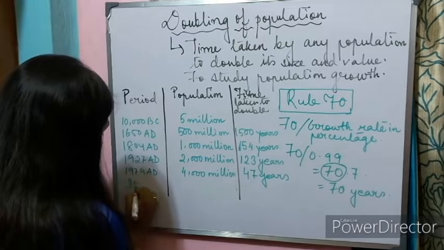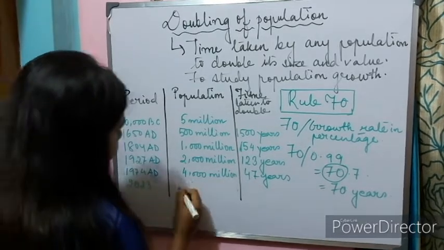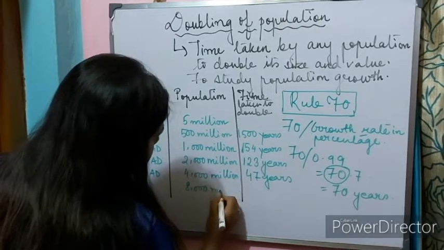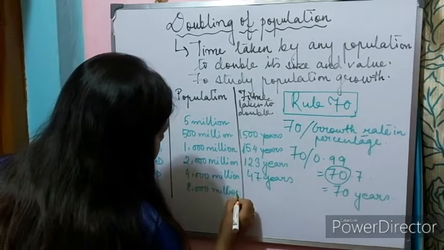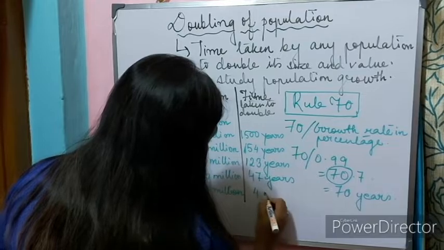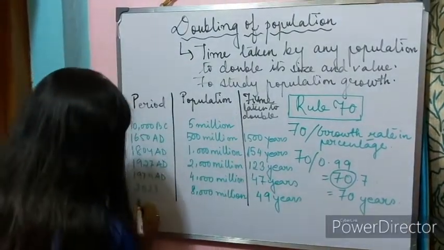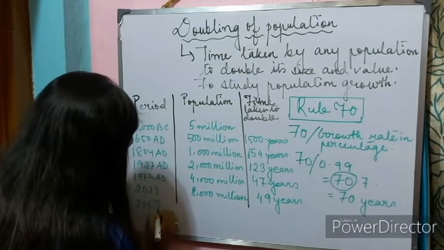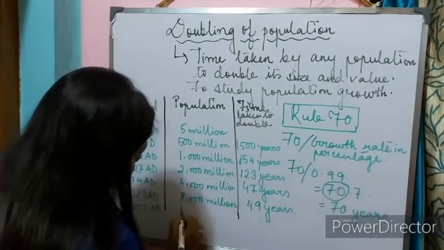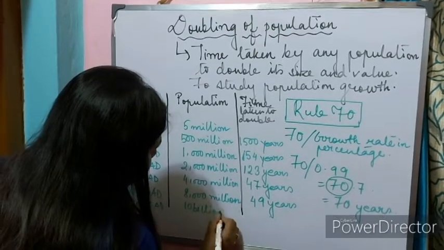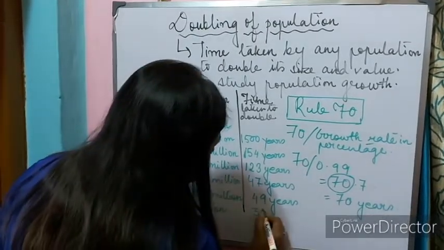In 2023, the population will double and become 8 billion in just 49 years. In 2057, the population will become 10 billion in just 34 years.